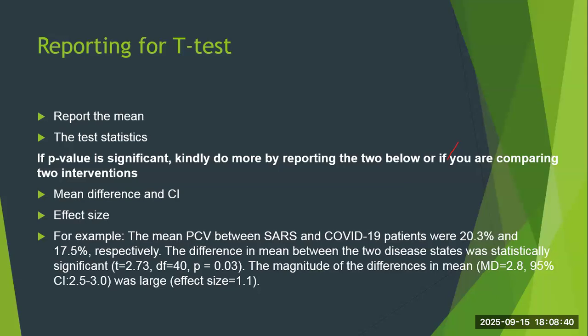Then the magnitude of the difference, that is the mean difference, you put it: 20.3 minus 17.5. And then you report the 95% confidence interval of that mean difference. When you say it's of large effect, it is about the effect size, which is 1.1. Most of you may not do all, but at least you should learn how to report your effects for your independent t-test or Mann-Whitney.